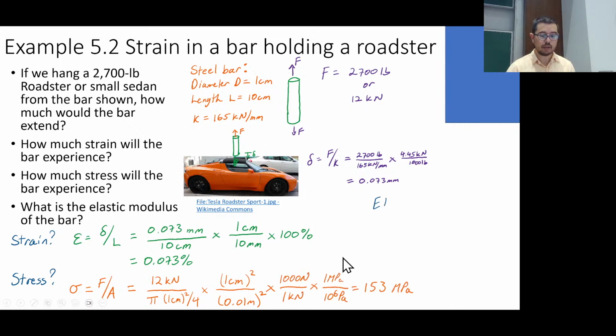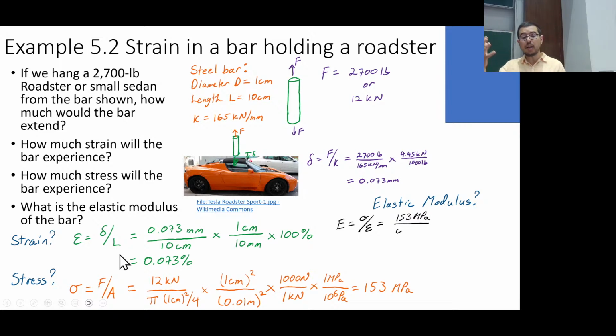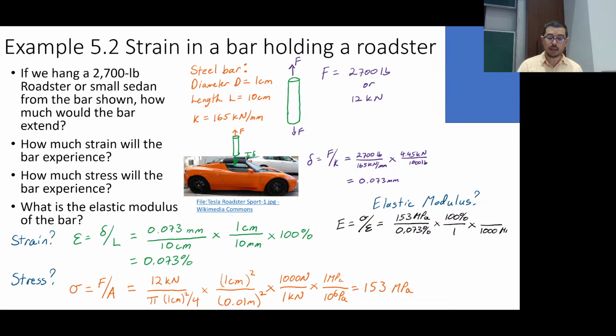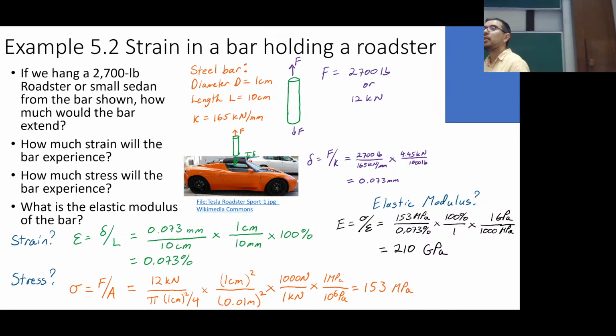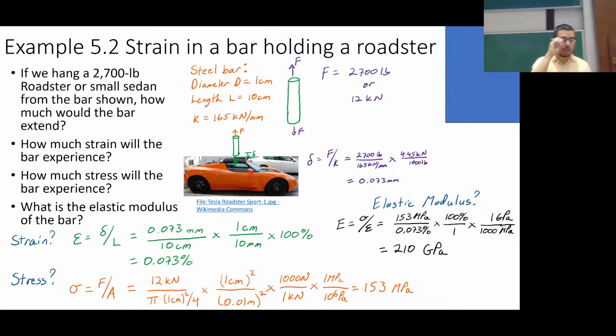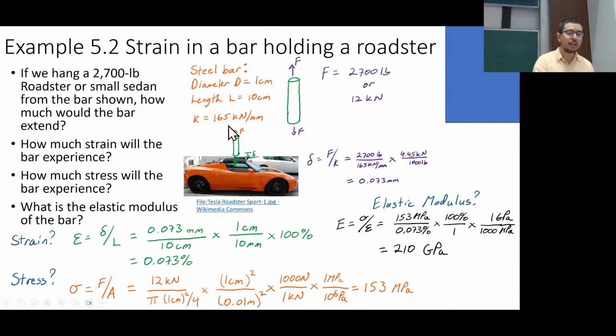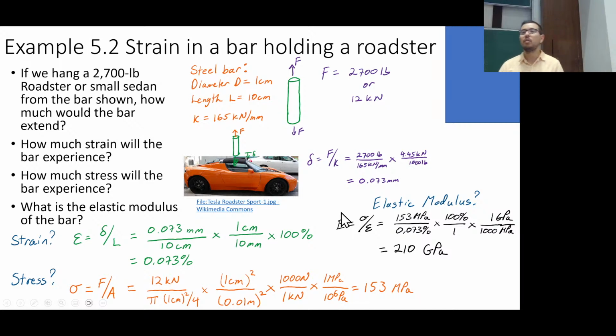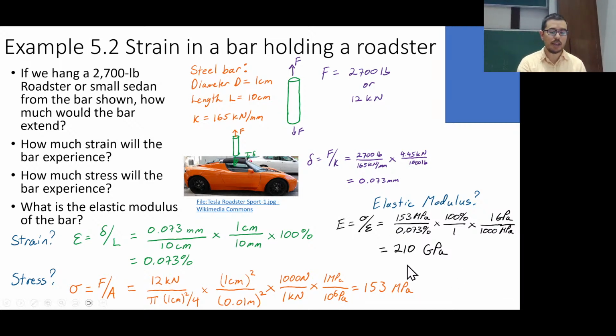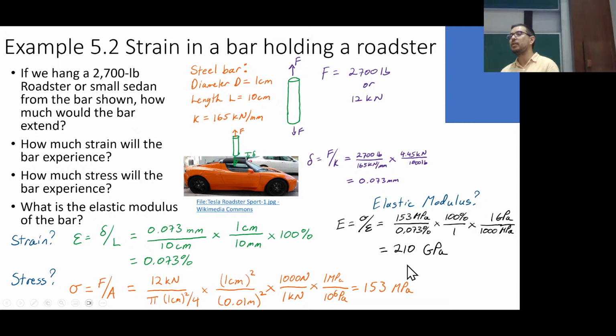Because I have some data point, I have a strain and a stress, and I'm assuming that I started at 0, 0, with no stress, I have no strain, so I can just divide the stress that I have here by the strain that I have here, and I get 210 gigapascals. Right? So I handed you a problem, and I had to calculate out the K, essentially, in order to know, because I said, hey, that's going to be steel. I'm going to make this bar out of steel.